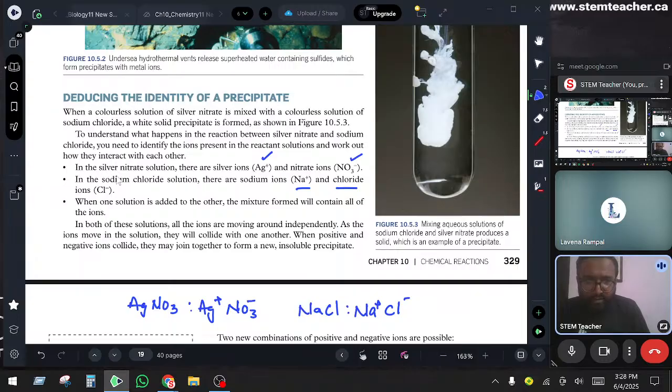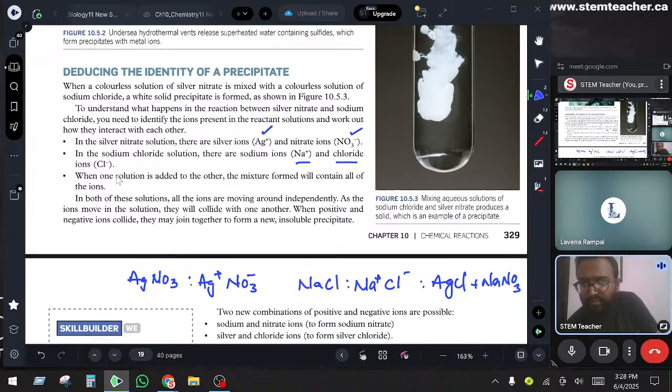All these ions in the mixture will react, and after that it will form AgCl plus NaNO3. So here the precipitate is AgCl.